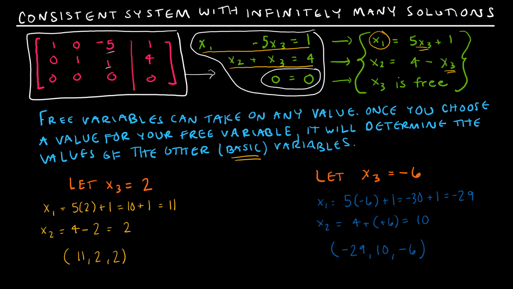So essentially what I'm saying is, yes, there are many solutions to this. Here are 2 of them that I have computed myself, but there are infinitely many because I can choose x3 to be anything I want because it is a free variable.